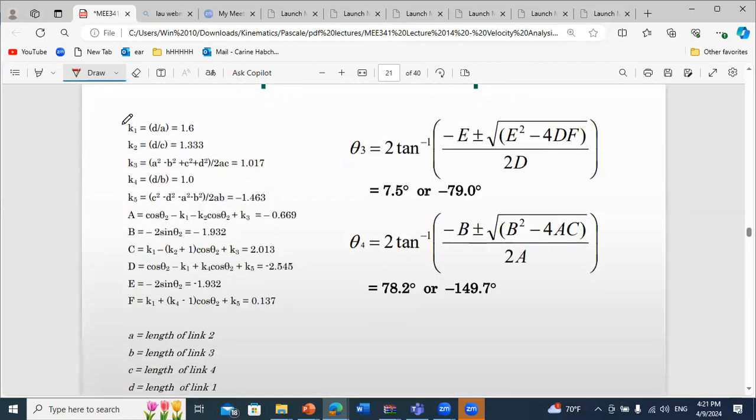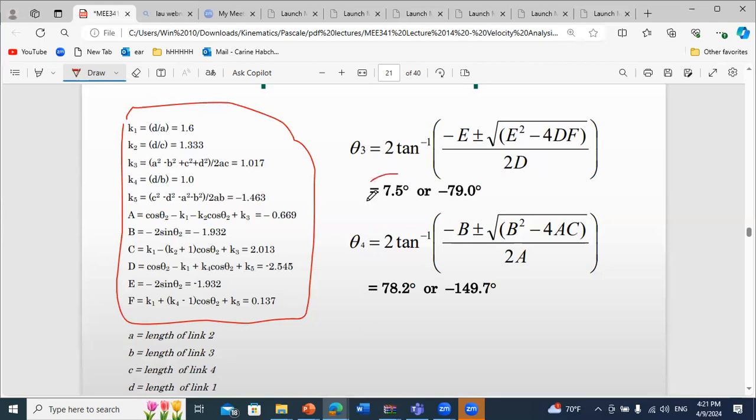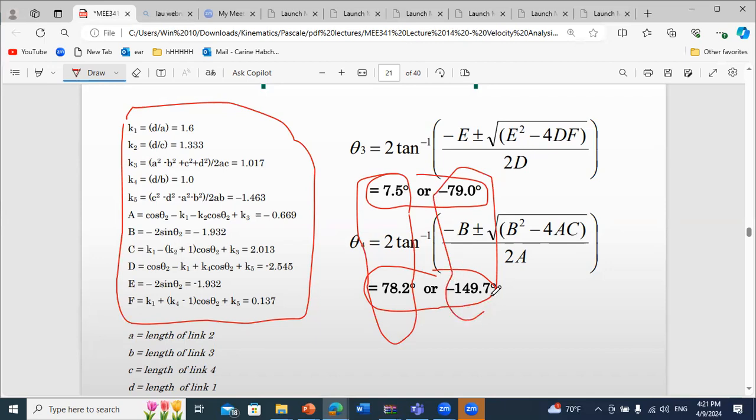So you have these formulas developed in position analysis. And if you remember, for this configuration, we said we get two solutions for theta 3 and two solutions for theta 4. One pair corresponds to the open configuration, we'll see why, and the other pair will give me the crossed configuration.